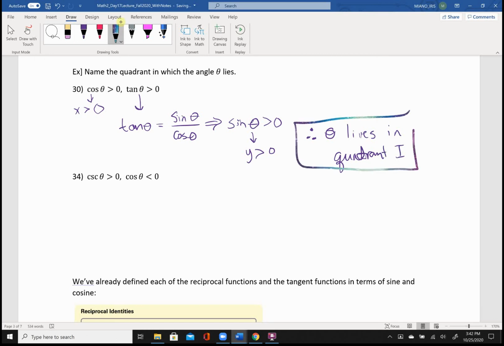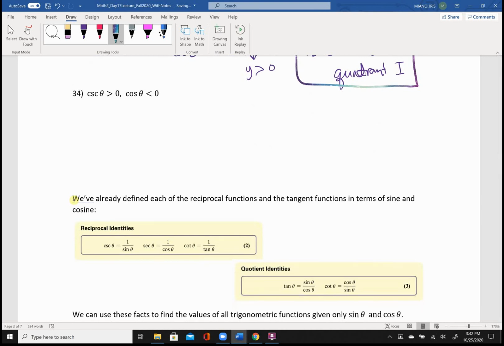Okay, cool. Let's do this again, but a different scenario. Here, the cosecant is positive, okay? So what does that mean? That means that 1 over sine theta is positive. So therefore, sine theta has to be positive, and therefore y is positive. So here's the line of reasoning that you can use to conclude that the y has to be positive.